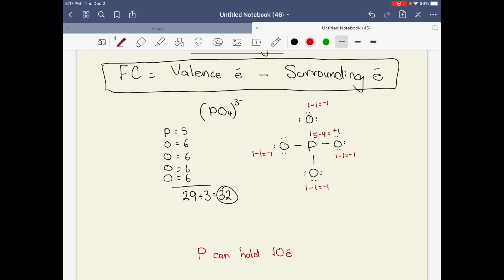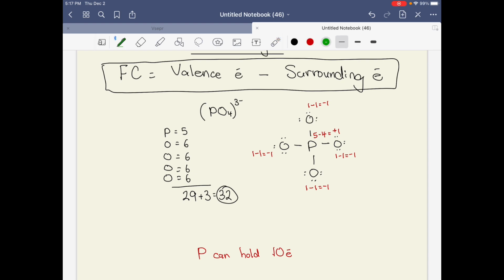Every other atom, because of the octet rule, likes to be surrounded by 8 electrons, unless your name is hydrogen. Everybody wants 8 electrons. This phosphorus right here is surrounded by 8 electrons. But phosphorus says, hey, because of my d orbital, I can take more. I can take 10. And that's exactly what you're going to do.